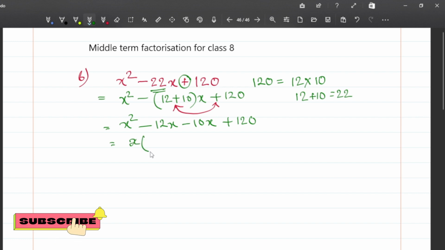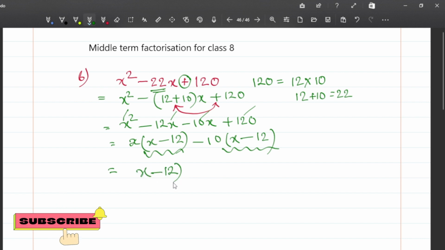So take x as a common from the first and second term and minus 10 common from the third and fourth term. We already said this term and this term are similar.